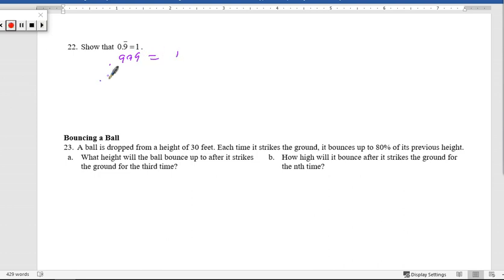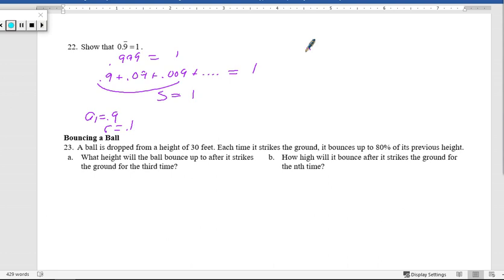So this is going to be 0.9 plus 0.09 plus 0.009 plus continuing on is equal to 1. This becomes our a sub 1 over here. So we want to show that our sum here is going to be equal to 1. Our a sub 1 is 0.9 and our r value is 0.1.